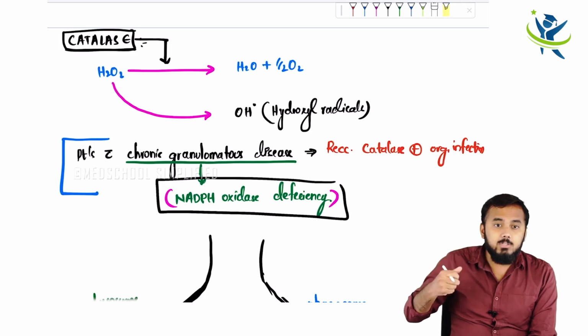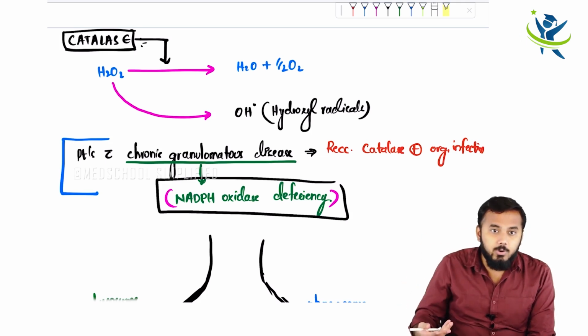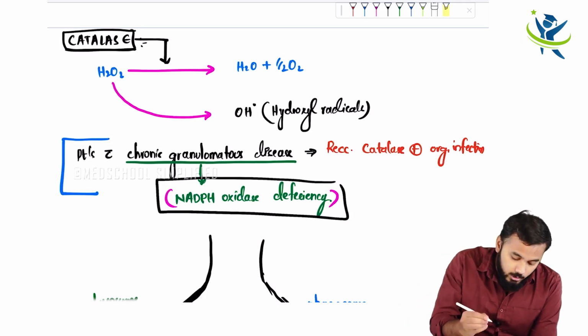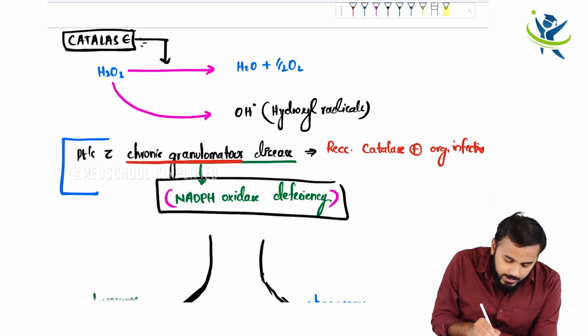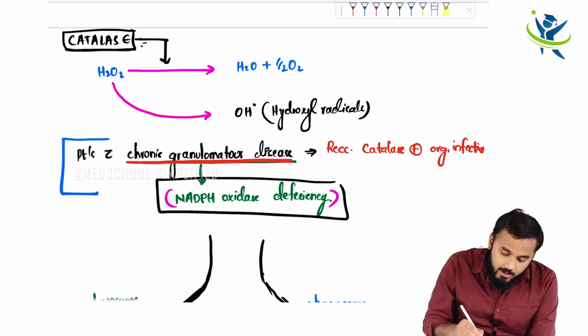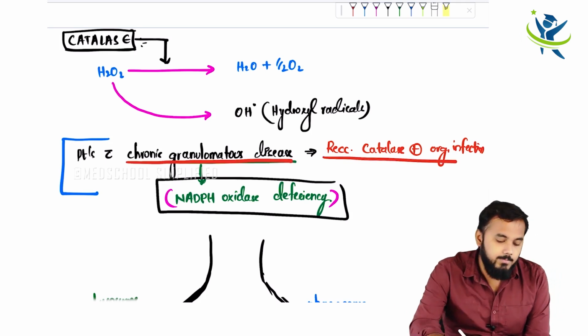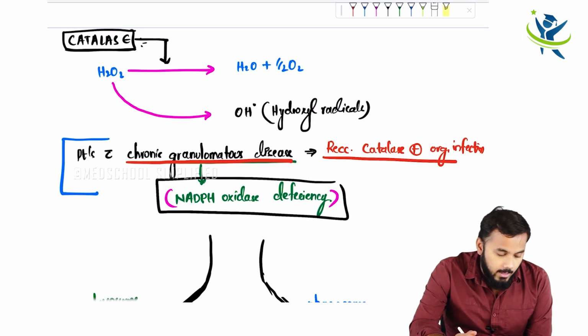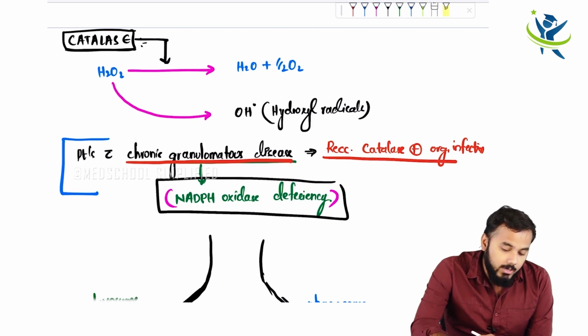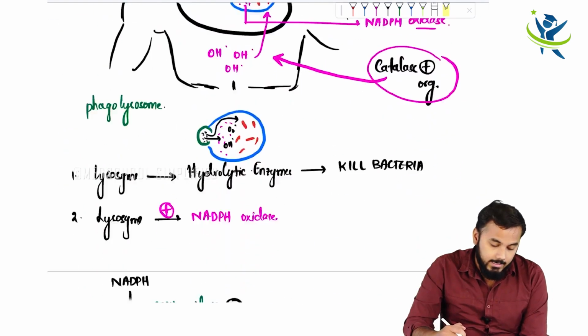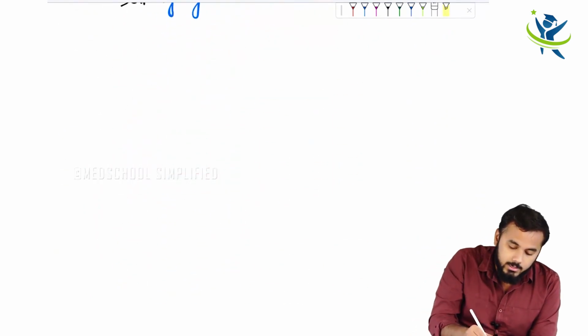As a result, catalase positive infections are also increasing in your body. And that is the reason why I told you that patients with chronic granulomatous disease will have recurrent catalase positive organism infections. Clear?